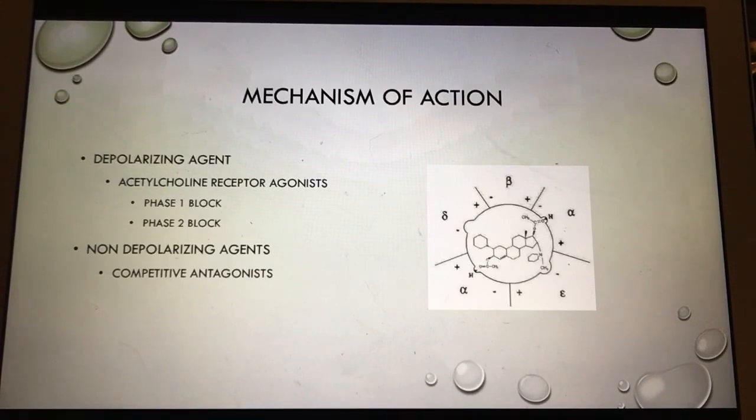Because acetylcholine is prevented from binding to the receptor, then the end plate potential cannot develop. And so these drugs are unique in that they only have to bind to one alpha subunit to work. And because they prevent this potential from happening, that's whenever you will see your muscle paralysis occur.